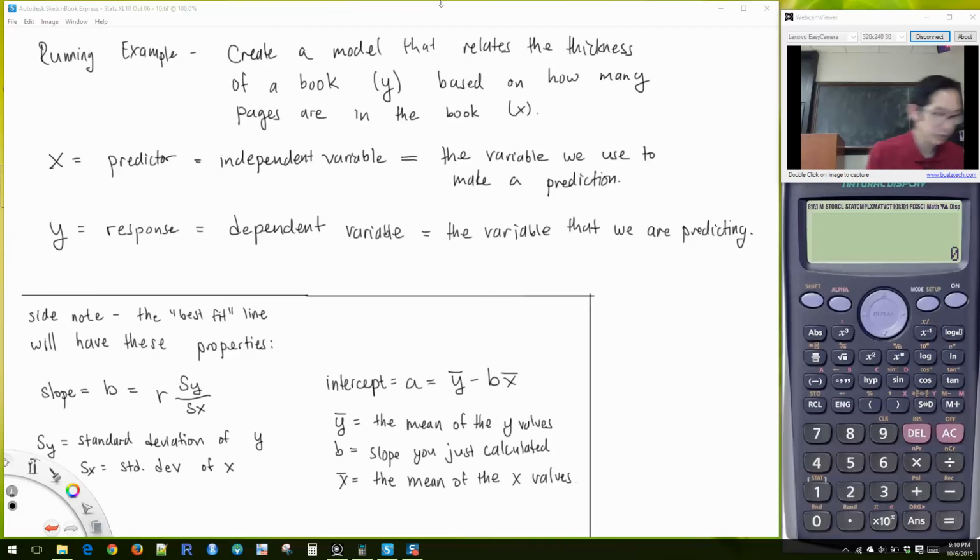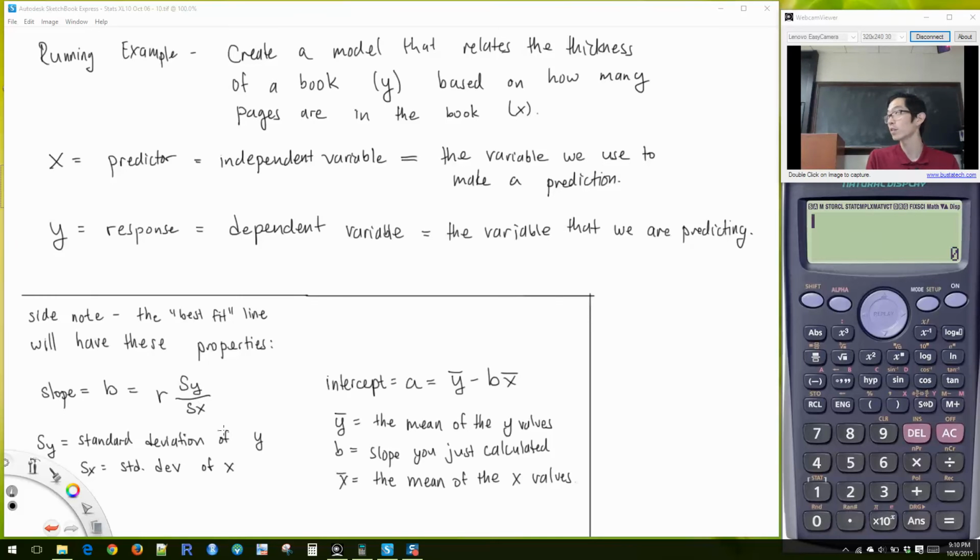But in our running example, the slope and the intercept have been calculated for us. But if you had to, you could calculate the slope and intercept yourself, okay? Because we know how to get the mean of some numbers, right? So we can get y bar if we need to, and we can get x bar if we need to. R is always going to be provided to you, and you also know how to find the standard deviation of a set of numbers, right?